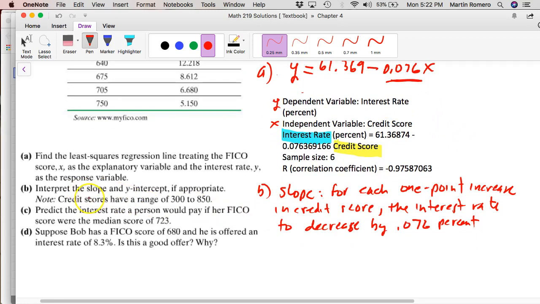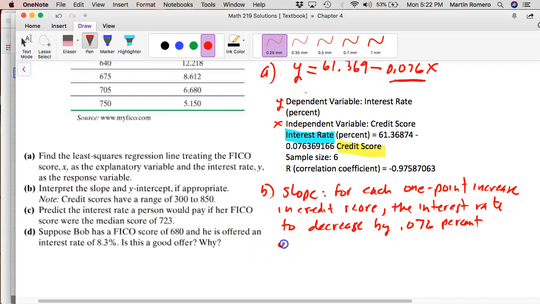And then the y-intercept, what does the y-intercept mean in this case? A credit score of 0 is not possible because they only go from 300.